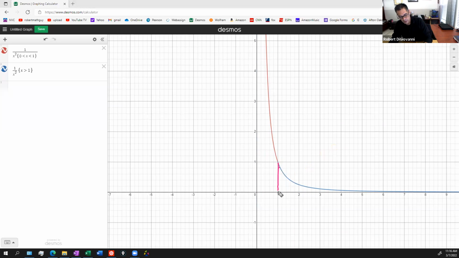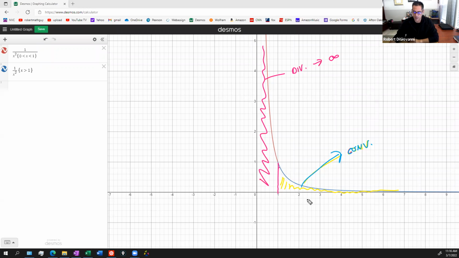If you were to look here at this area, that's divergent because it's headed towards infinity. It's an infinite area. But if you look at the area over here, that is convergent. It's headed towards a number. So you've got finite area to the right of 1 forever, but you've got infinite area between 0 and 1. Make sense?